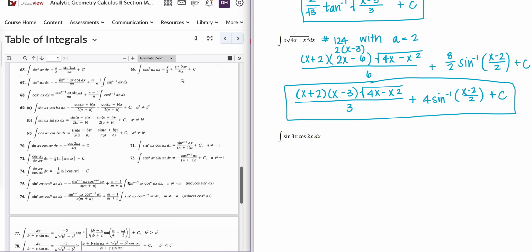Now, there's a couple that say sine, cosine. Just make sure you don't go to number 70. That's where you've got sine ax, cosine ax. So basically the number here would be the same. That's not the one we want. We actually want number 69, part A. So we've got sine ax, cosine bx, dx. That's us.